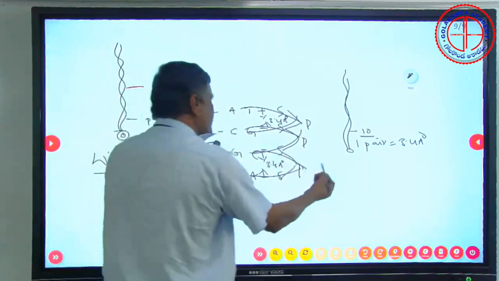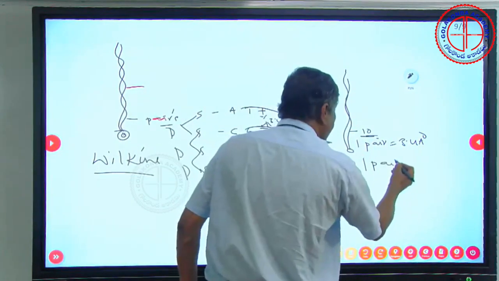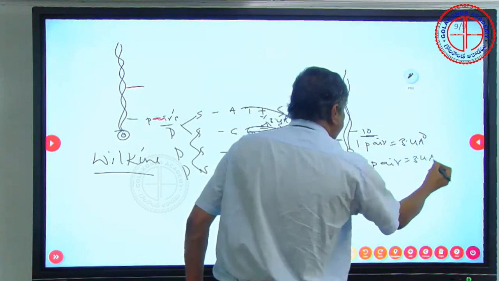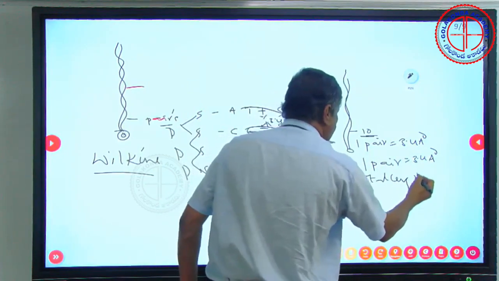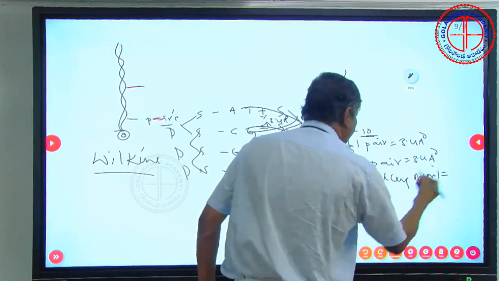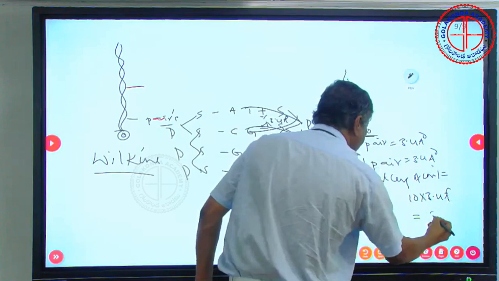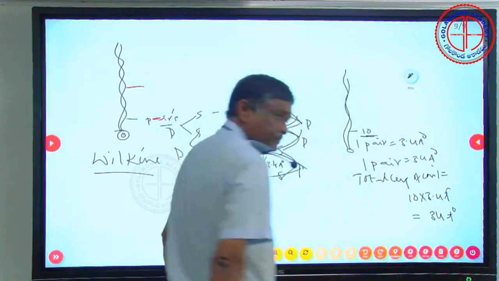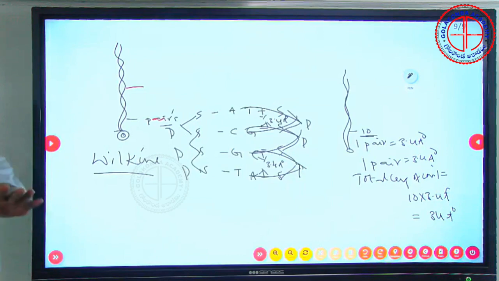How many pairs in a coil? In a pair, what is the length? 3.4 angstroms. What is the total length of the coil? 10 into 3.4 angstroms is equal to 34 angstroms, as explained by Wilkins.